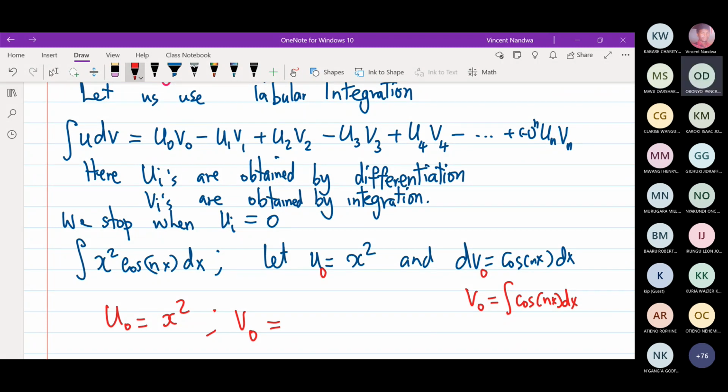Minus n sin nx. Okay, so it's not differentiation, it's integration. 1 over n sin nx.